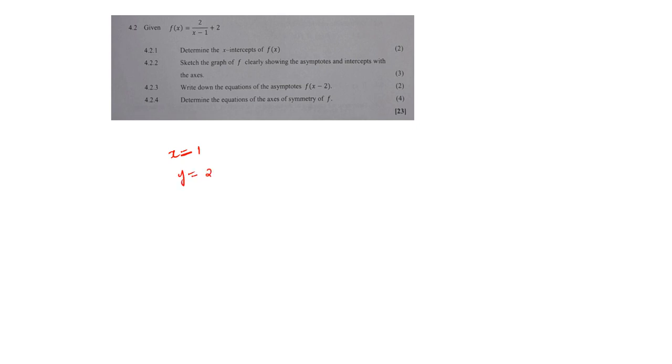And since a is positive, the shape should be in the first quadrant and the third quadrant. This is just a basic shape. So now we are going to draw the graph looking at the values that we have currently.